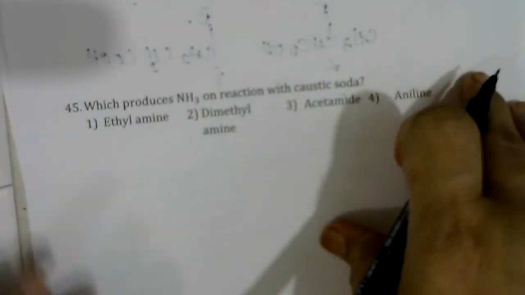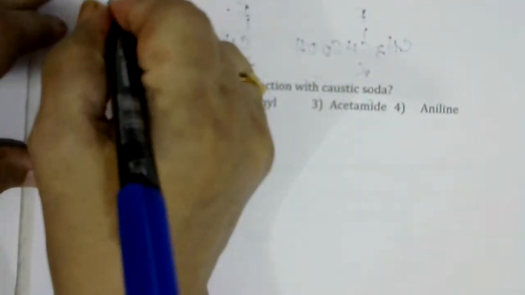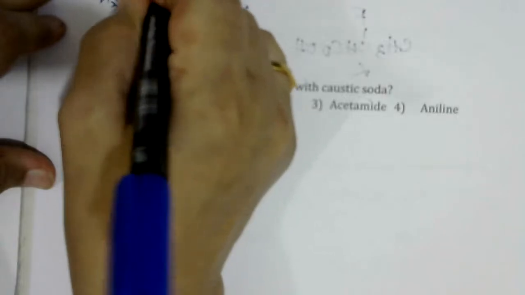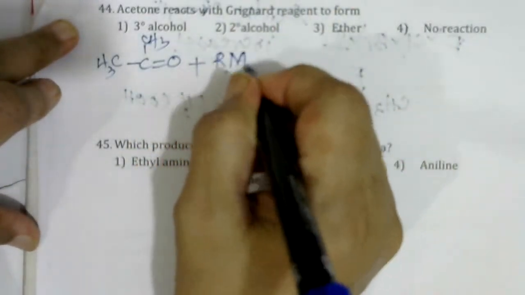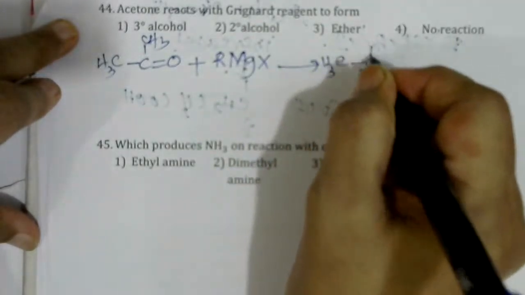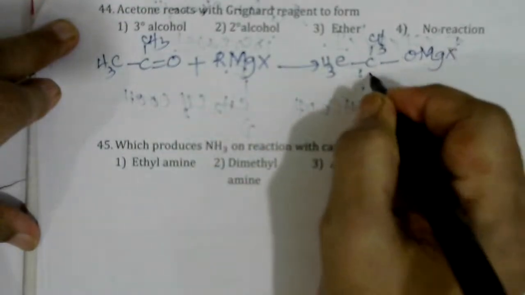First I'll write the reaction, later we'll discuss. CH3, C double bond O, CH3. What is it? Acetone. When acetone is treated with Grignard reagent RMgX, we get CH3, C, CH3, OMgX, and this will be R.